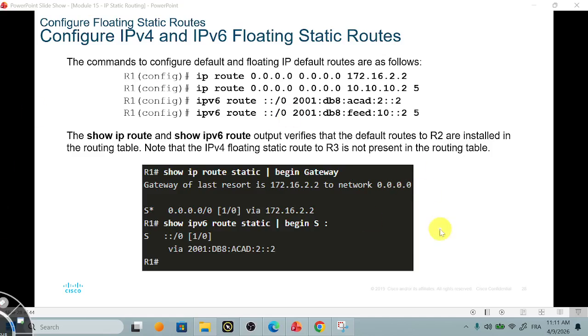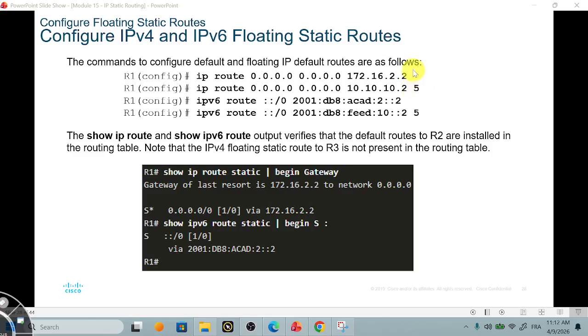So in order to configure IP version 4 floating static routes, we use the same command as the previous ip route 0.0.0.0 0.0.0.0, and we add the next hop. Here is the normal static route, and here is the floating one. Why? Because we added the value 5, the administrative distance 5.